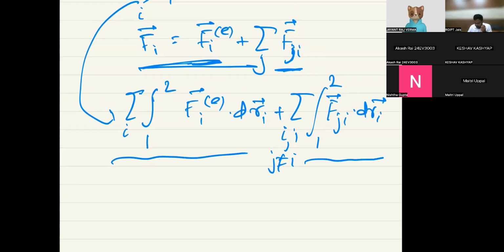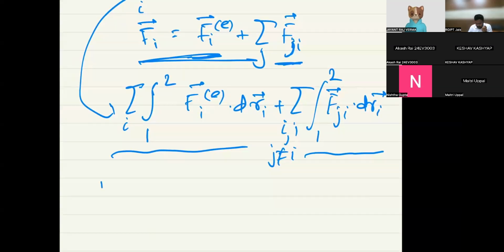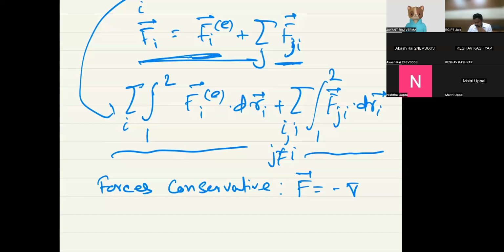We can do this only when the forces are conservative. I also discussed what a conservative force is: when the force can be written as the minus gradient of V, then we call these forces conservative.